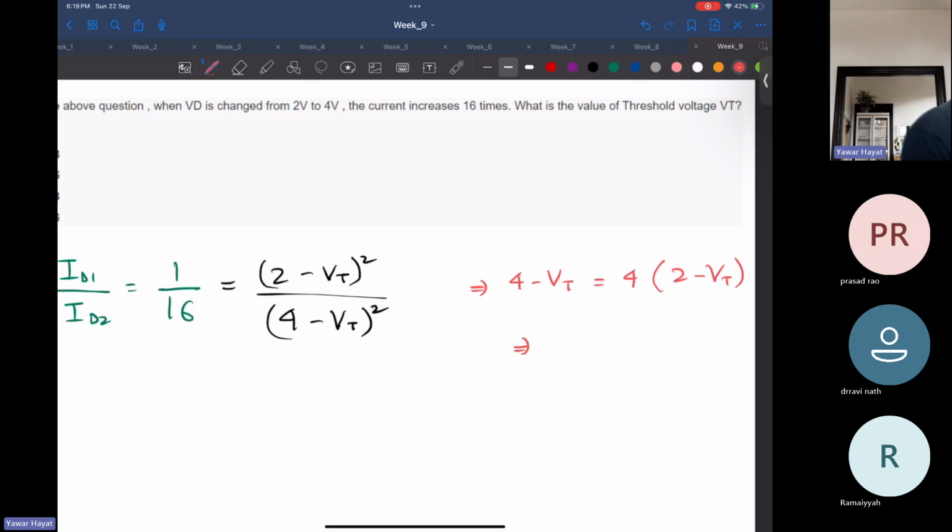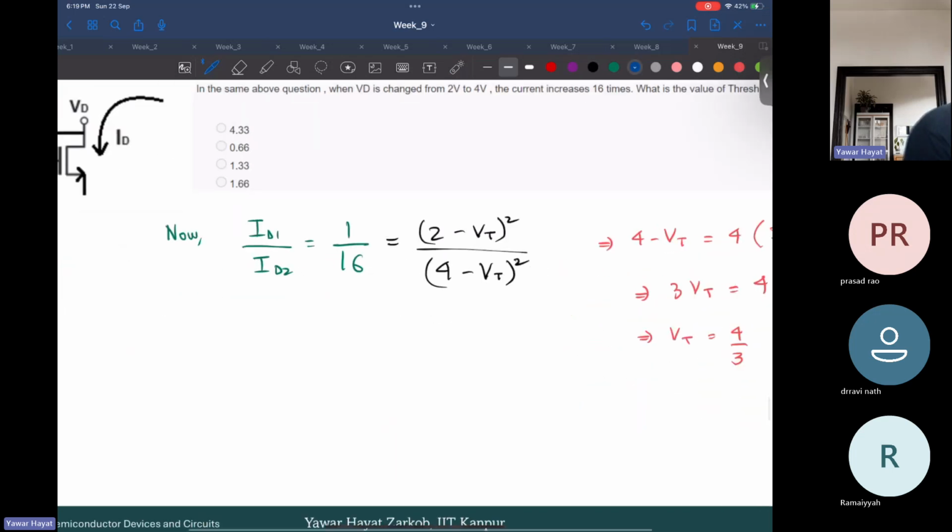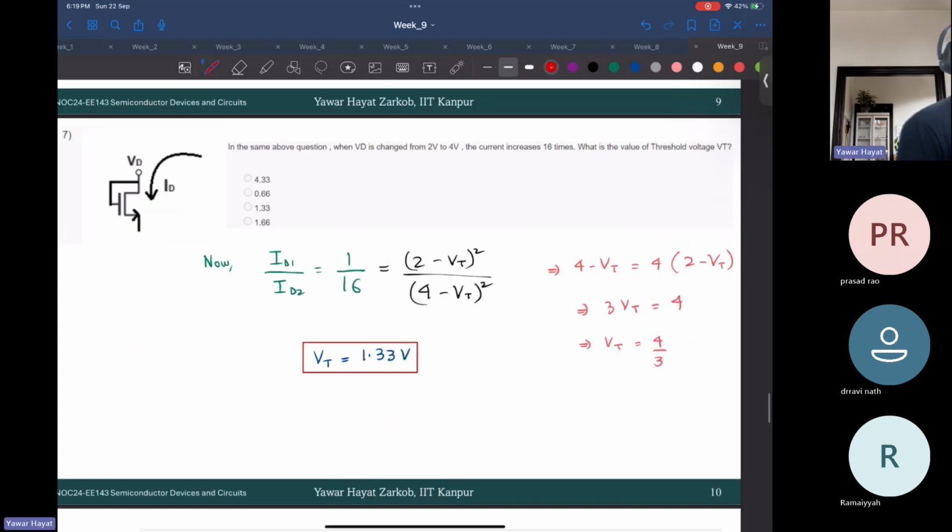This implies your 3 times Vt is equal to 4, which implies your Vt is 4 by 3. So this is what I can write. Your Vt is equal to 1.33 volts. Right, this is your Vt.